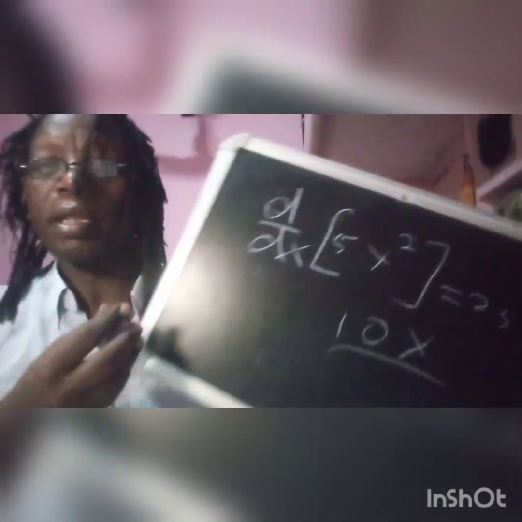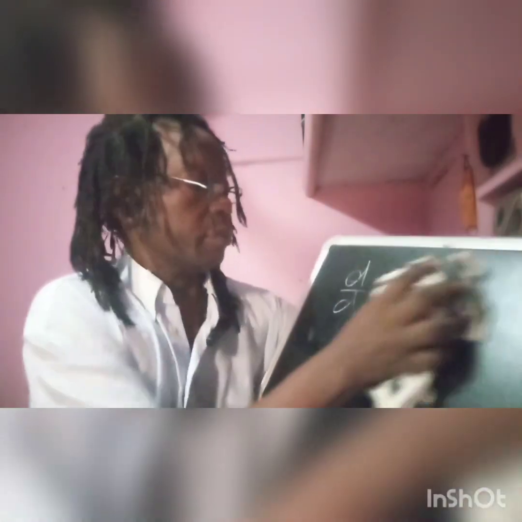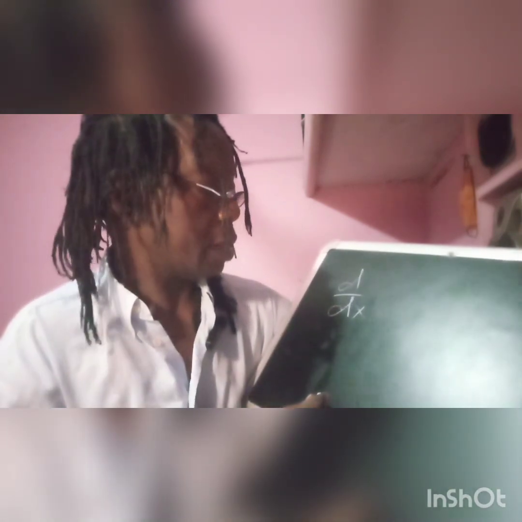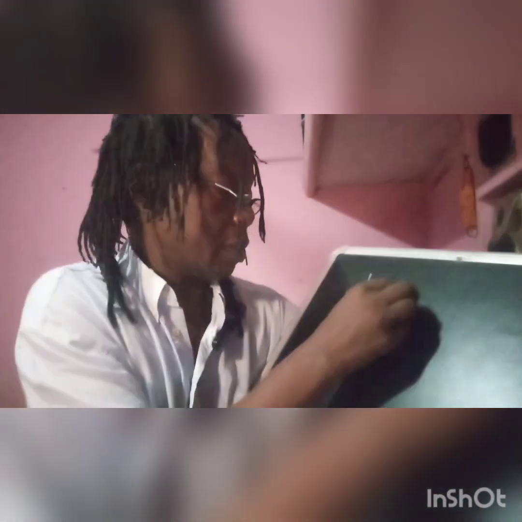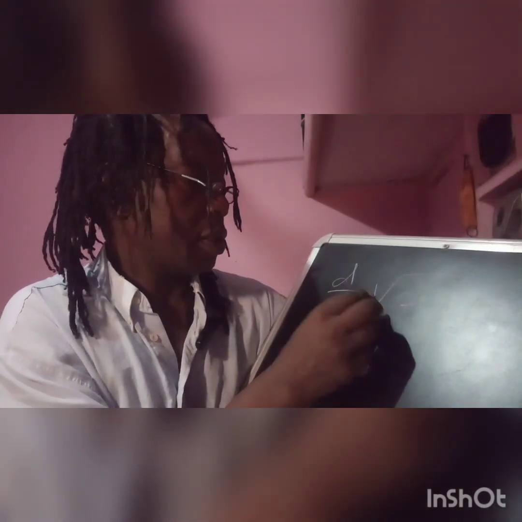This is the solution. You can do several examples of this kind. I'll give you another one. Maybe something like d over dx of the square root of 2.